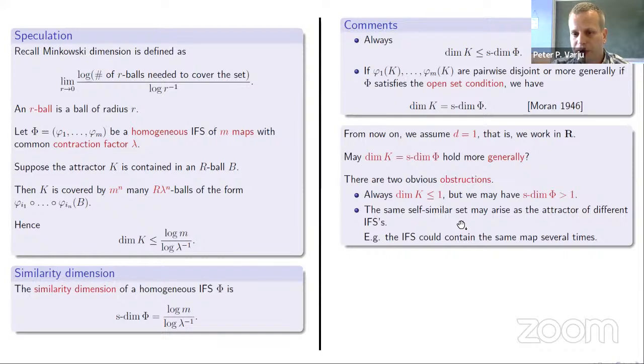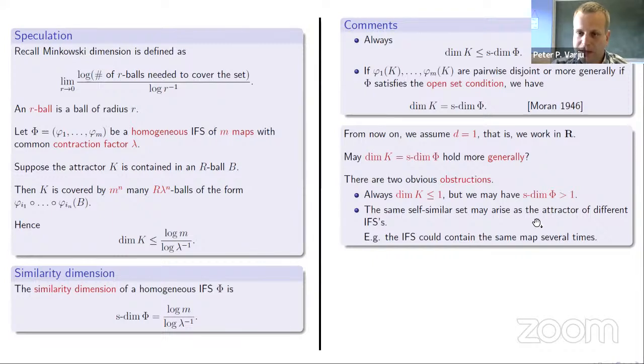that it could happen that I can realize the same self-similar set as the attractor of different iterated function systems. So the similarity dimension is really depending on the iterated function system. If I change the iterated function system without changing the set, then probably the similarity dimension will not be the right answer for each choice.